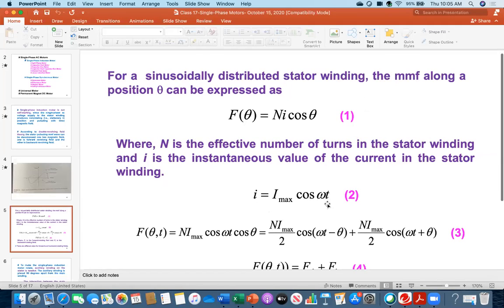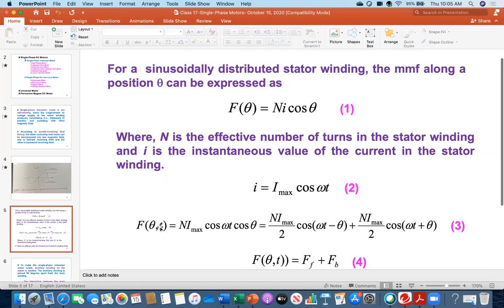Now if you substitute equation 2 in equation 1, what will you get? f is a function of theta and t. Here it was only theta, but this is a time function, that's why I have written theta, t. In that, N I max cosine of omega t cosine theta.